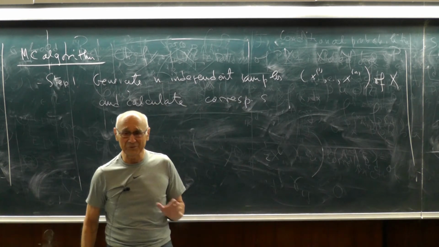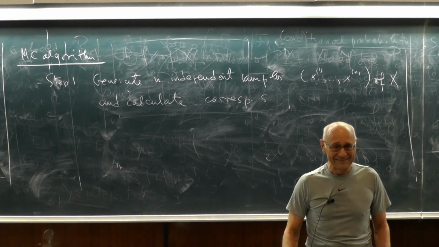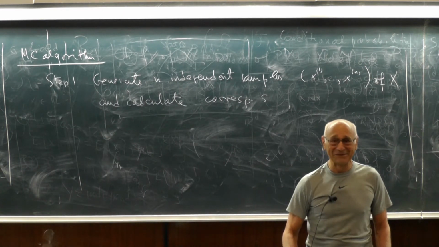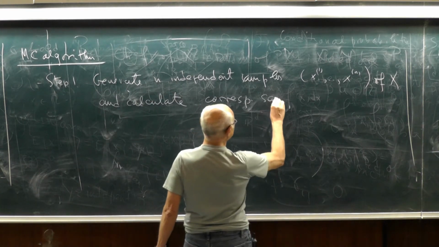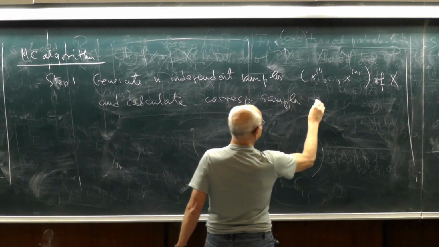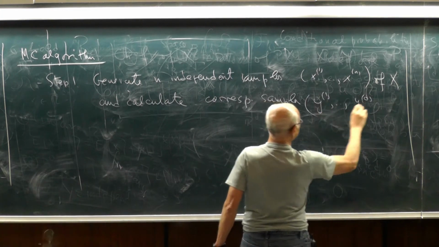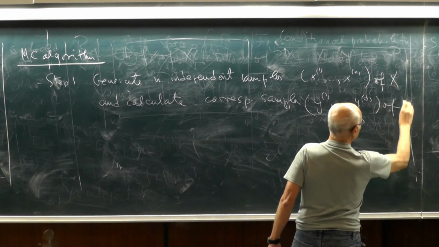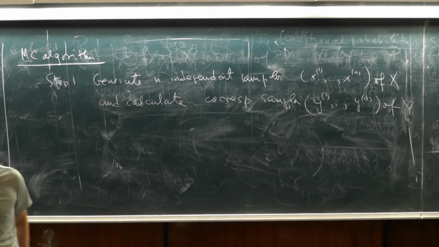Guys, can you read this? Nobody's complaining, so if you don't complain, I assume that you can read it. Correct assumption? Okay. Calculate the corresponding samples y1 up to yn of Y. This is the output of interest. You can have whatever quantity of interest you have.